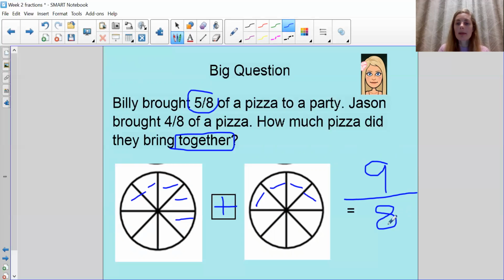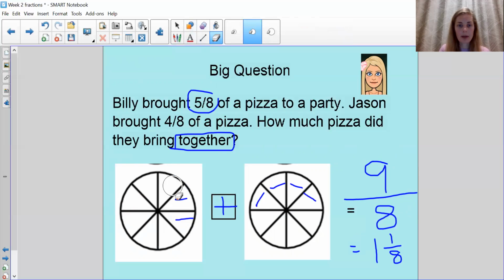Some of you might have said that it could be a mixed number, which means that I could say 8 goes into 9 one whole time, and I'm left with 1/8. If I make this pizza, I'll just quickly rub this out and show you what that means.